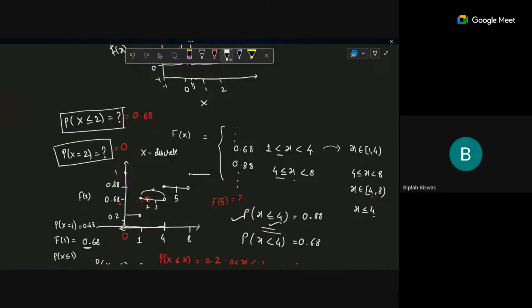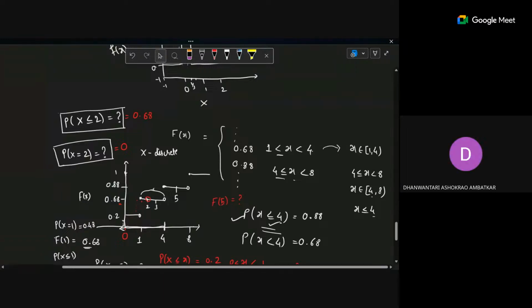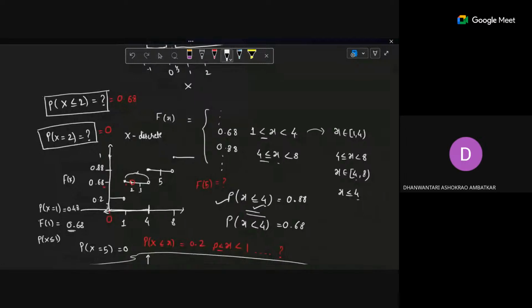No, again, let's take 0.20. No, 0.20. Okay. 0.12. Yeah, 0.12. Why is it so?